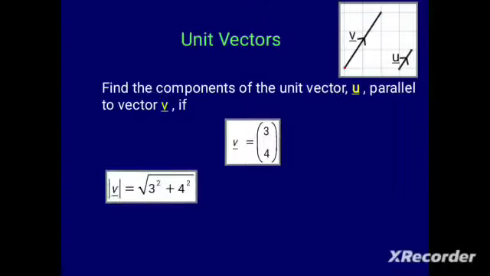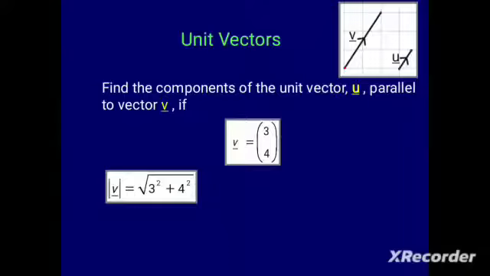Find the components of the unit vector u parallel to vector v if vector v is given as 3, 4. We are going to find the magnitude of vector v, and because this is two-dimensional, we use the Pythagoras theorem, the square root of a squared plus b squared.